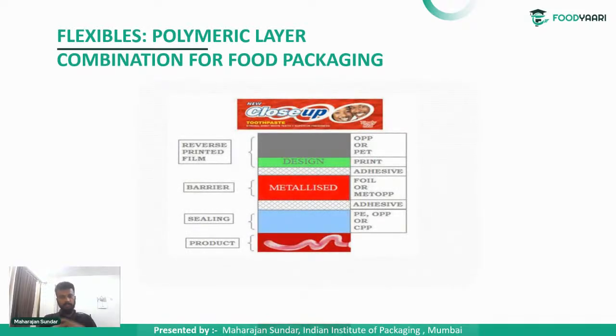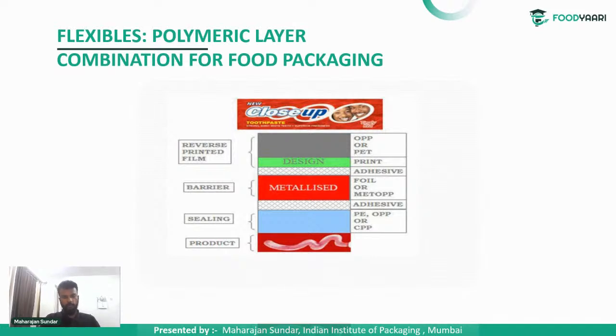And yesterday, one of the participants asked about lamitubes, and here is the split up of layers of a lamitube, which, as I have displayed, is for toothpaste packaging, and we can go through it.